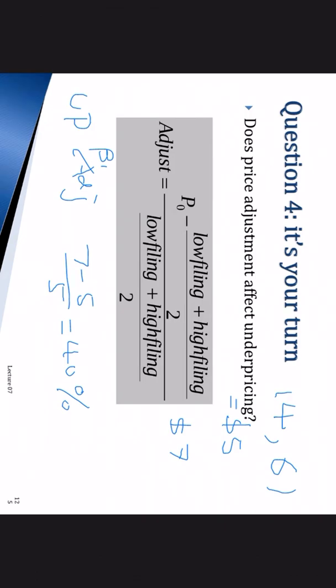Okay, so if the investment bank makes an upward adjustment to a higher percentage, would that be associated with a higher underpricing or lower underpricing? So that's the question we should think about. Your independent variable is adjust. Yes means you believe the relation is positive. No means you believe the relation is negative.